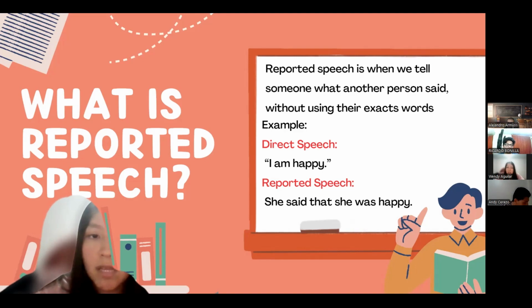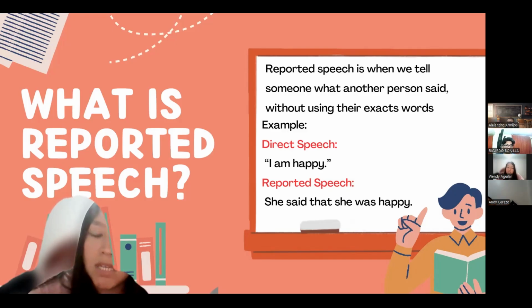For example, in this sentence, direct speech is "I am happy." In reported speech, it is "She said that she was happy." In this example, the pronoun changed from I to she because we are talking about another person.